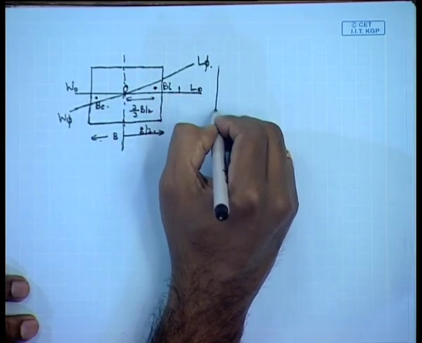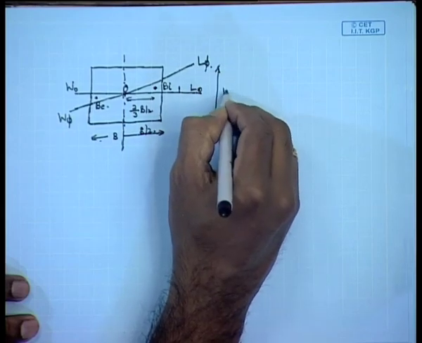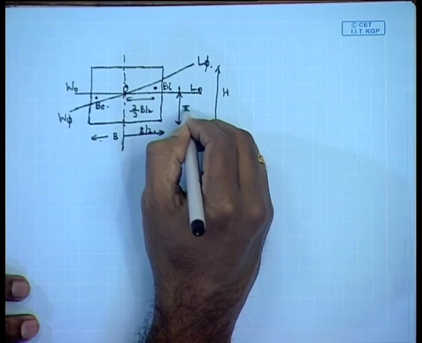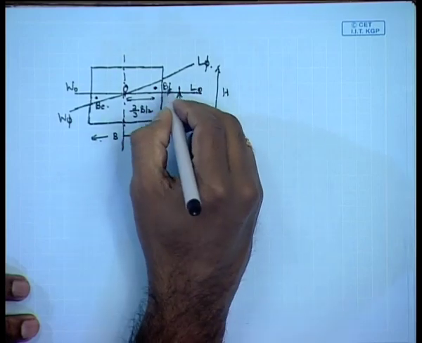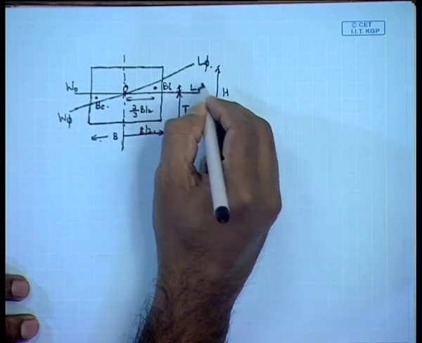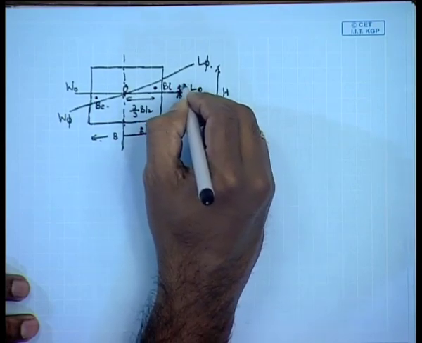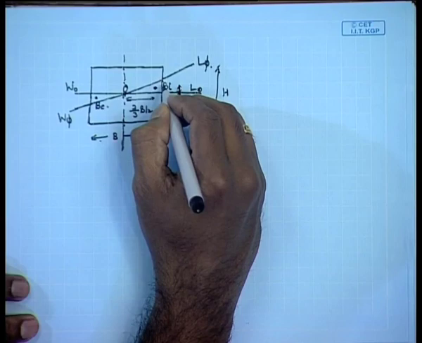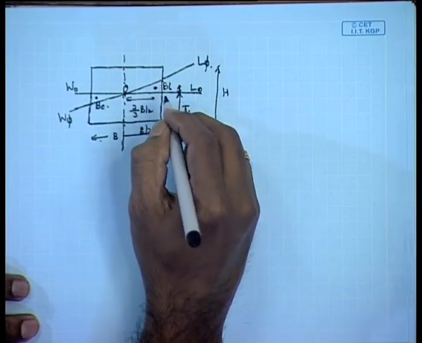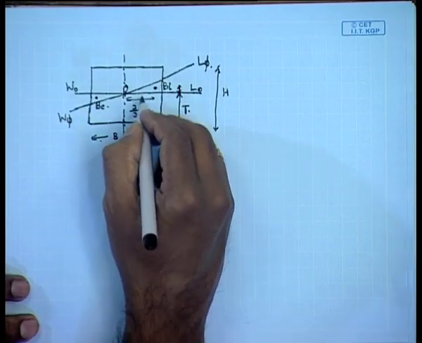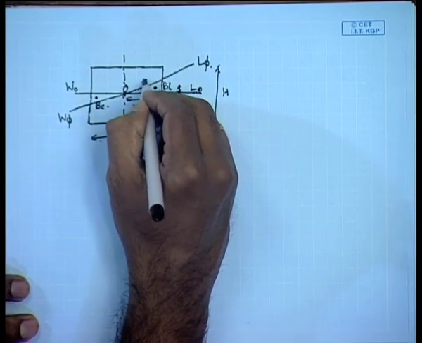So this distance is B by 3 and this whole height is H, and this region is T. And B immersed, this height will be 2 by 3 of this whole distance. This distance we do not know, but we know that it is heeled through an angle phi.